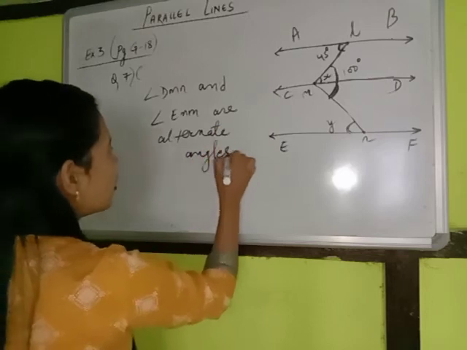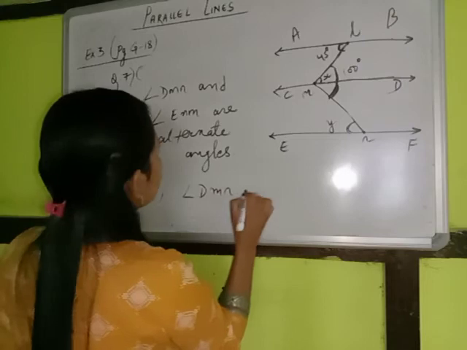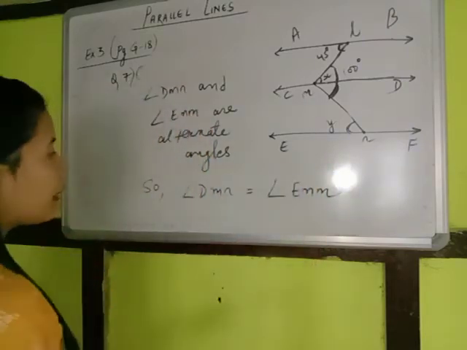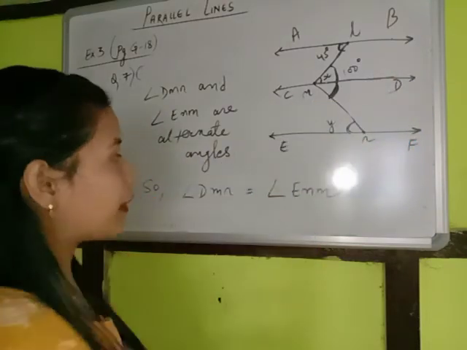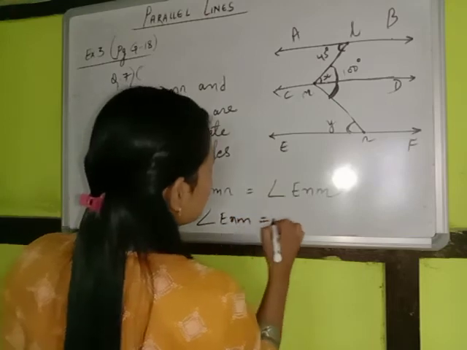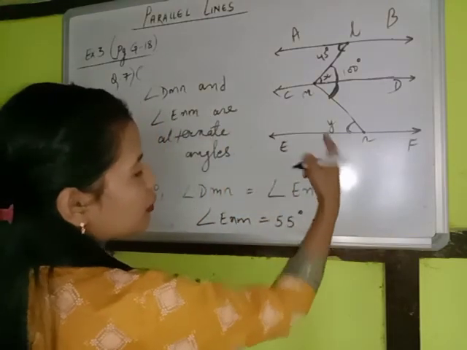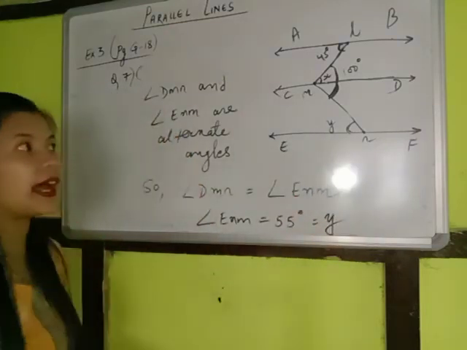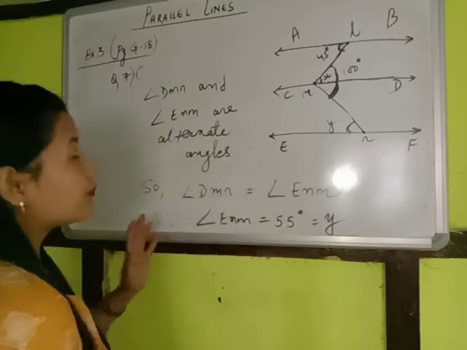Okay, so these 2 are alternate angles. So angle DMN is equal to angle ENM, and we have found out the value of angle DMN, that is equal to 55 degree. So angle ENM will be equal to 55 degree, and angle ENM is nothing but y. Okay, so we have found out the value of x and we have found out the value of y. So this is how we do.